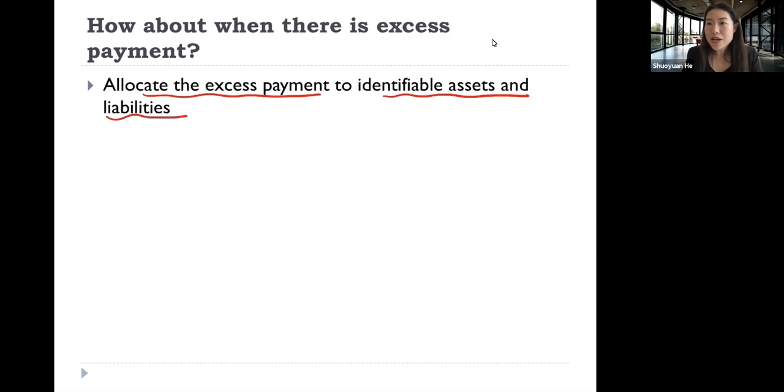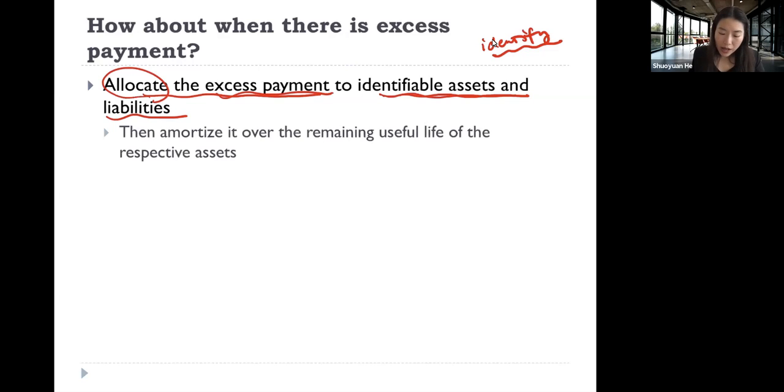So in this situation, we need to identify which asset and liability may contribute to that excess payment. I'm going to use an example to illustrate what I mean later, but let's go over it first. We need to identify the assets and liabilities that may contribute to this excess payment and allocate the excess payment to them.